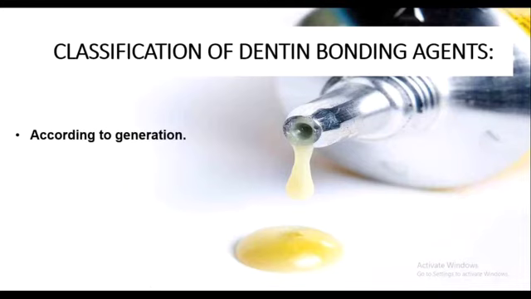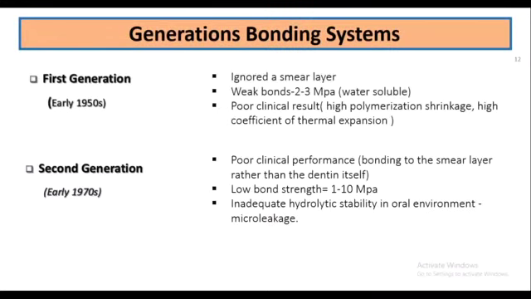Now, whenever you classify the dentine bonding agents, they can be classified according to generation. The first generation basically ignored the smear layer formation. You have basically a weak bond in this.